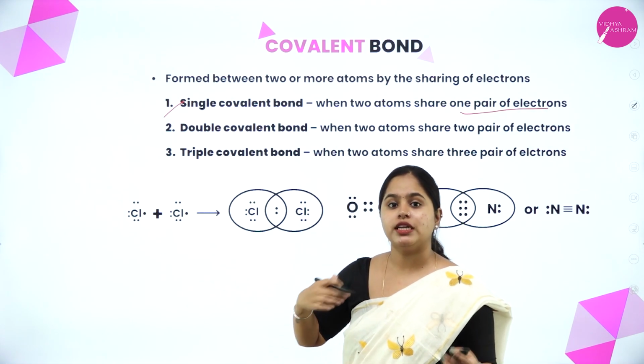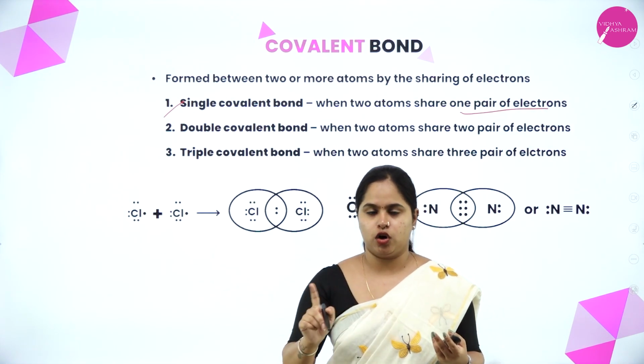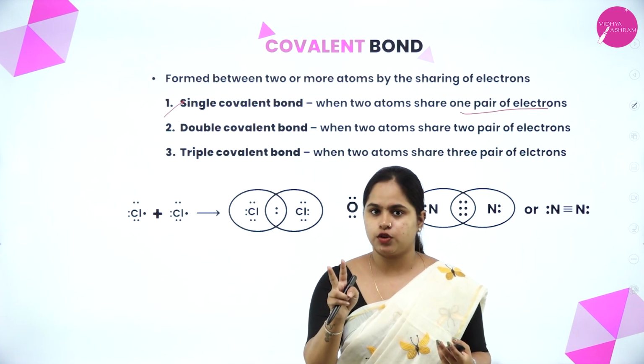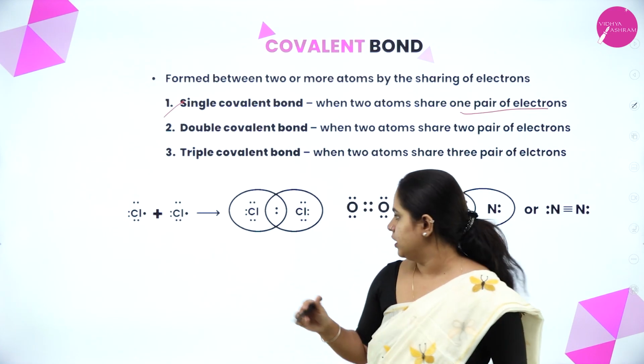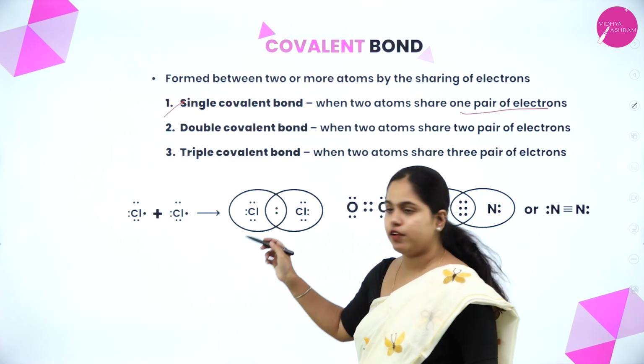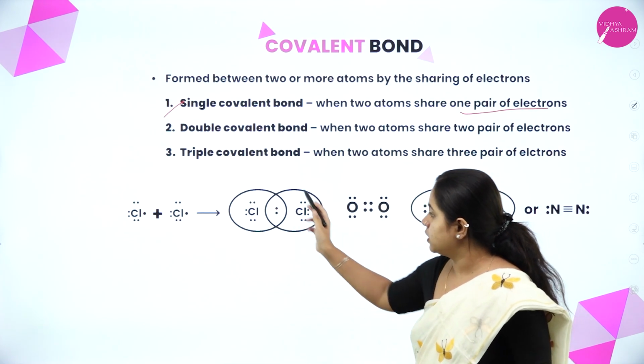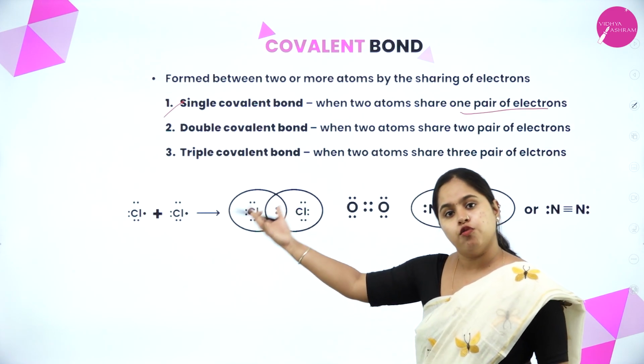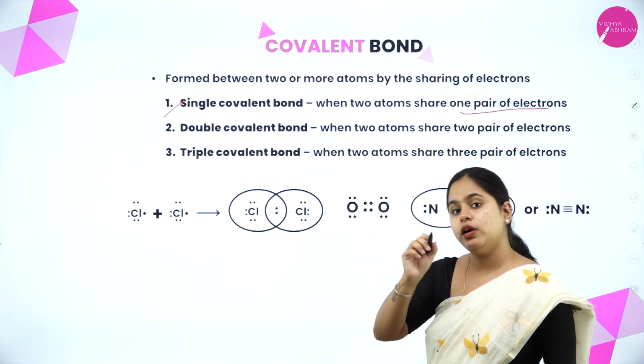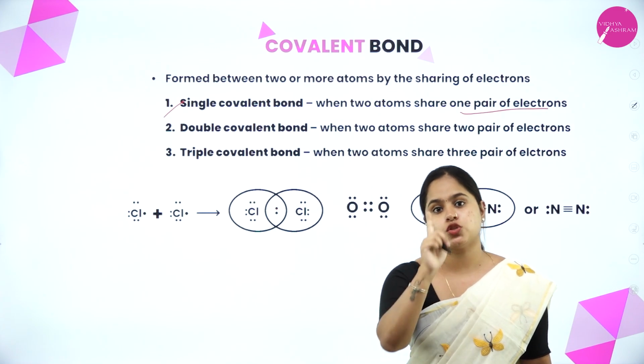Each of them requires 1 electron, that means 2 electrons in total, which gives 1 pair. One pair of electrons is shared between both of them, right? So, a total of 8 is obtained for both the chlorine atoms. Only 1 pair of electrons is shared, so a single bond.